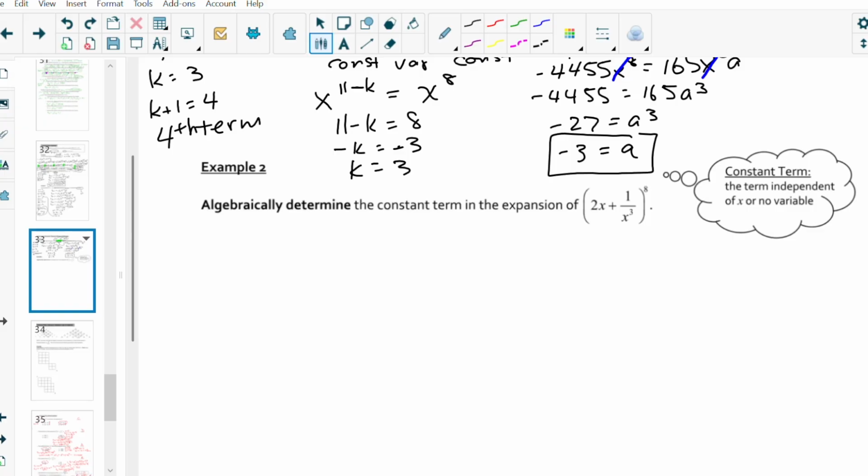Okay, example 2. Algebraically determine the constant term in the expansion of 2x plus 1 over x cubed to the 8th. So the constant term is the term without a variable. Let's think about it this way. First term, without even using the formula, let's reason this out. Okay, first term will have x to the 8th.